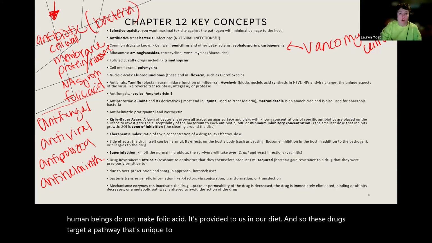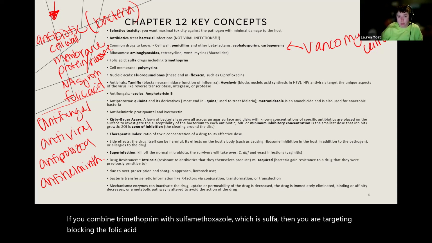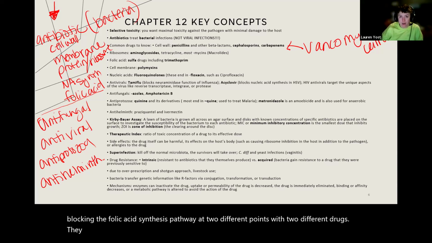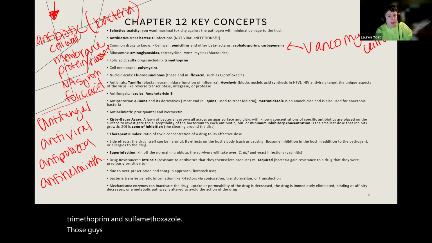And so these are your sulfas and trimethoprim. If you combine trimethoprim with sulfamethoxazole, which is sulfa, then you are blocking the folic acid synthesis pathway at two different points with two different drugs. They work a lot better together when they do that. When you combine those two together, trimethoprim and sulfamethoxazole, those guys create Bactrim. That's the trade name for it.